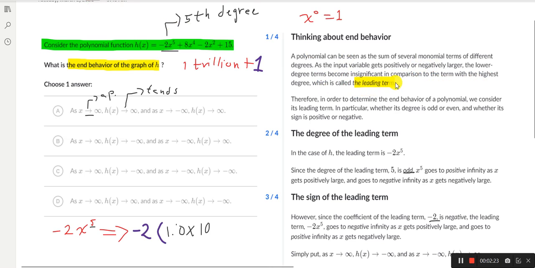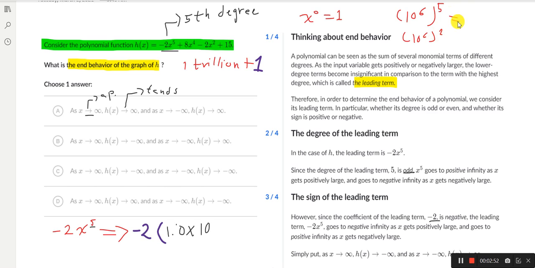The leading term. And this is true because if you have 1 million raised to the power of 5, this is way larger than if you had 1 million raised to the power of 2.